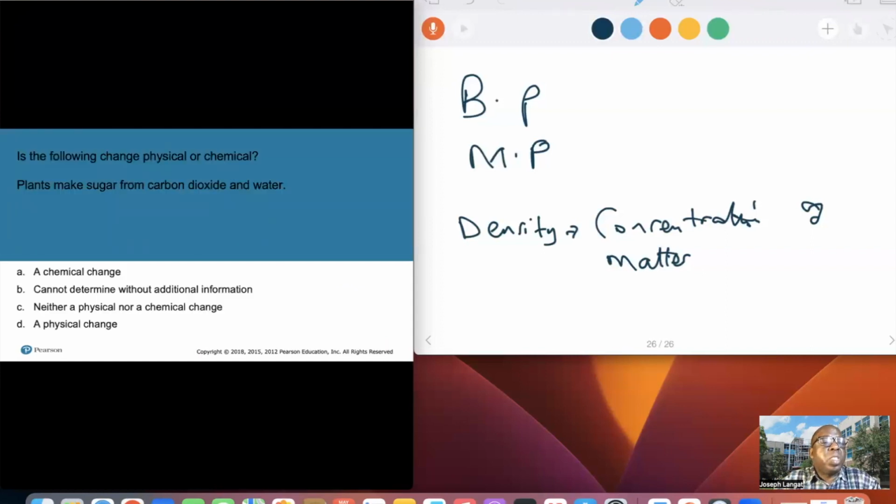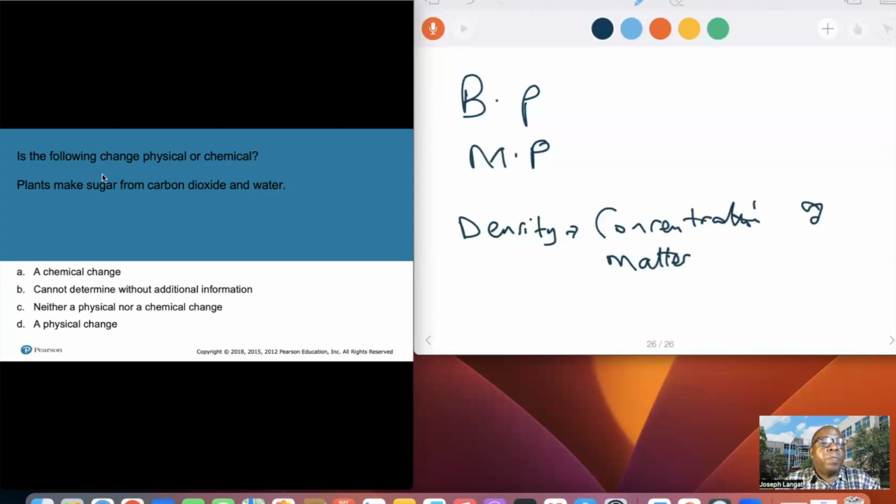Here is a learning check. If it was face-to-face, probably we could use the eye clickers and see how we respond. We have captured and understood physical and chemical properties, physical change, and chemical change. There we go.